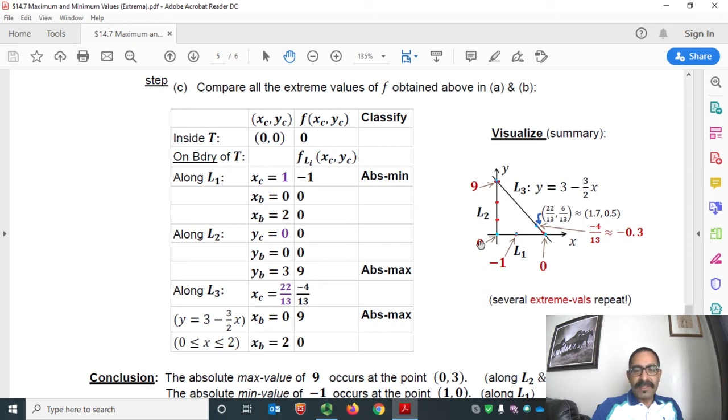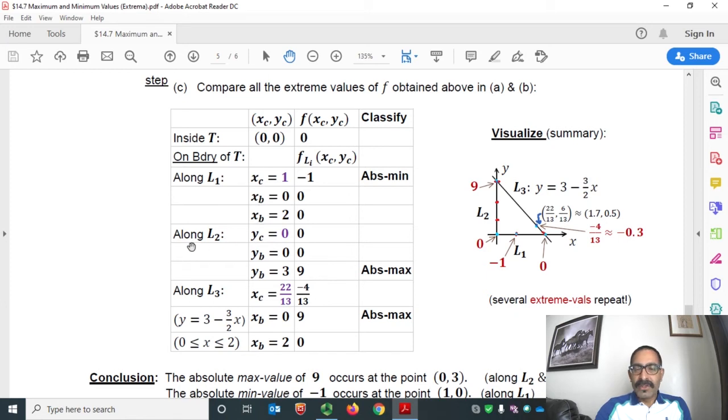That's the critical point value here. I put it on the graph also, on my right side. And on the boundary of T, we have 3 lines, L1. Along L1, we found the critical point is 1, and the value turns out to be -1. And at both endpoints on L1, at 0, it is again 0, and at 2, again 0. This B means boundary point.